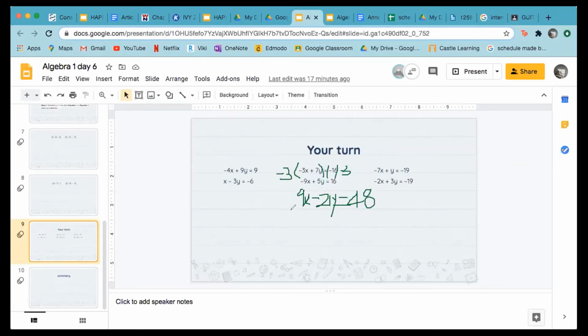So now we have our two equations. What we want to do is cancel out one of the variables so we only get one leftover. So we just bring everything down. What's negative 9x plus positive 9x? 0. Right. What's positive 5y minus 21y?